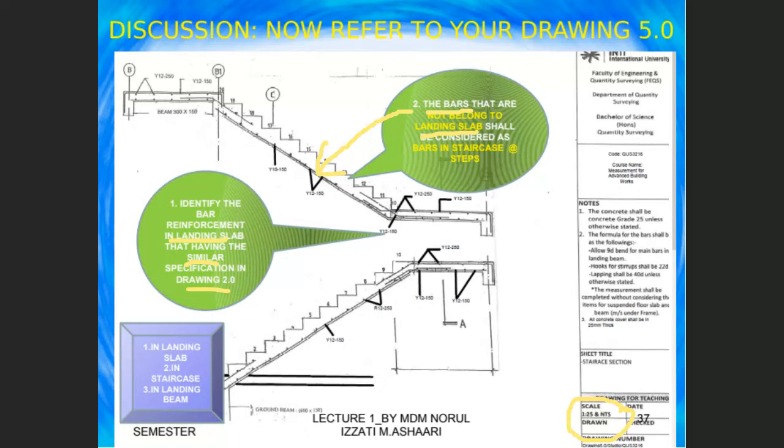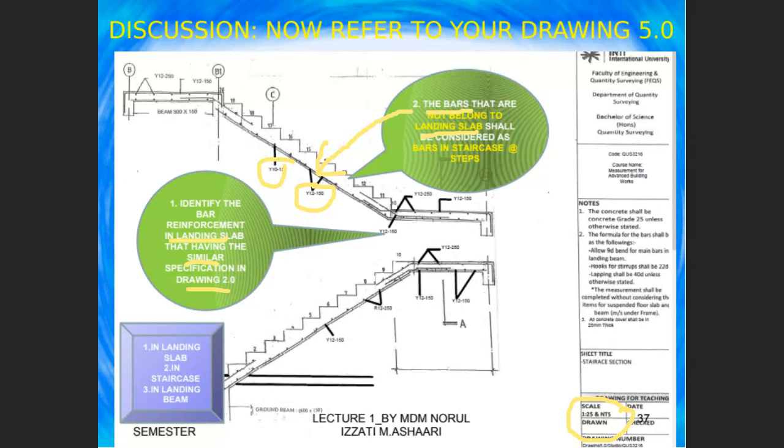Okay, after you identify these bars, you have to check the specification of the bar reinforcement in the drawing. For example, let's say I zoom in. You can see here, this dotted line is Y10, and the second one is Y12. Can you combine Y10 and Y12?